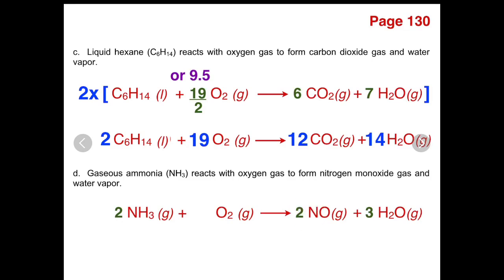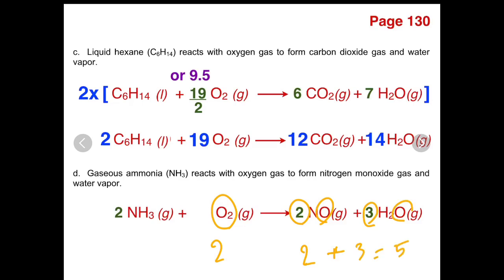The last thing is oxygen now, because you already balanced hydrogen and nitrogen. How many oxygen total? We have 2 oxygen on this side. On the other side, we have 2 plus 3, which is equal to 5.